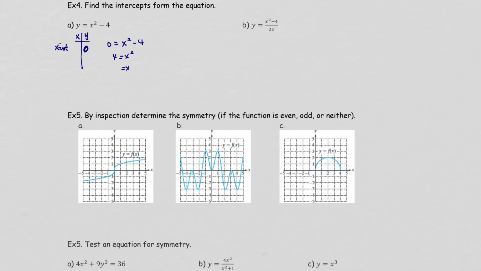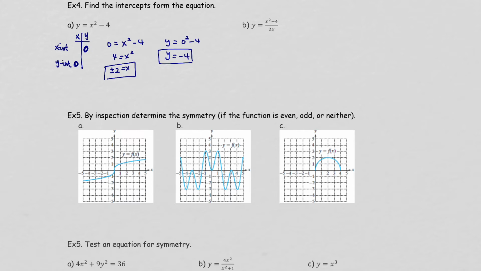Square root both sides gives you plus minus 2. So it's going to be an x-intercept of plus minus 2. In order to find the y-intercept, you're going to let x equal 0. Then replace it into the equation. So let's see. y will be 0 squared minus 4. y will be negative 4. That will be your y-intercept.